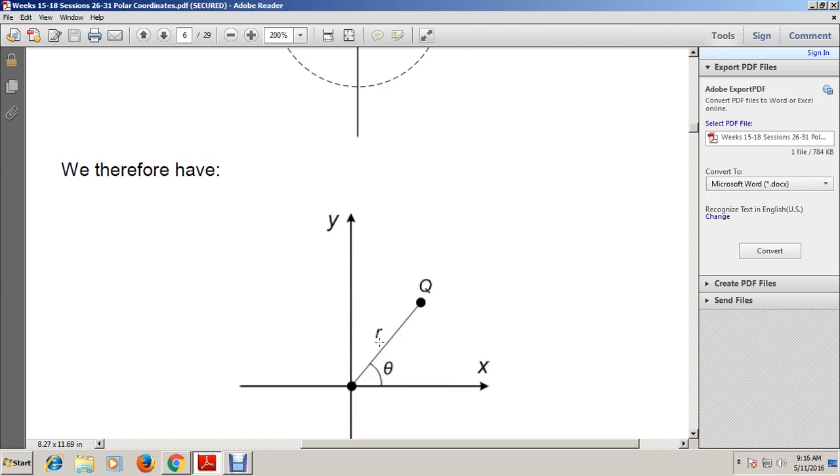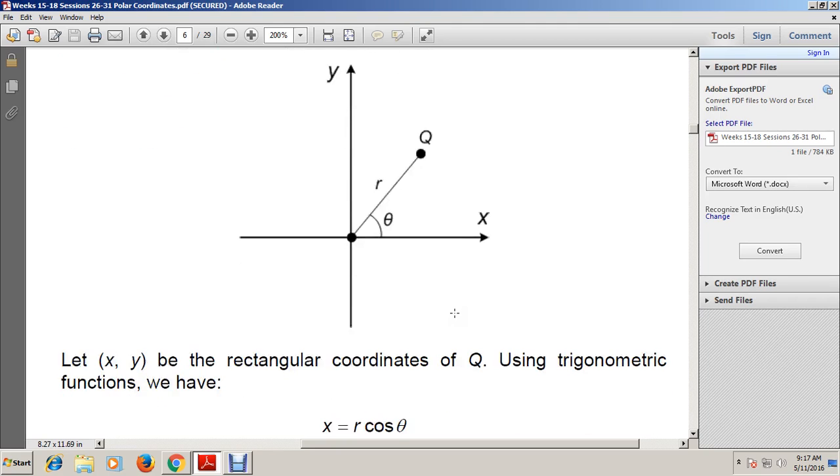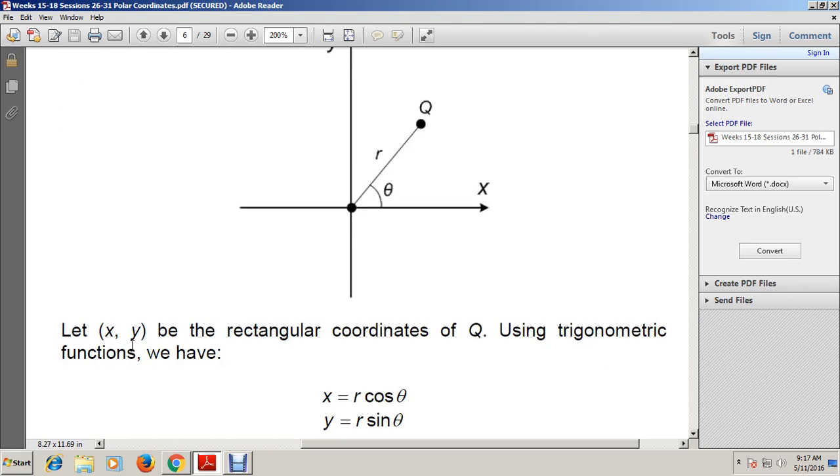From our origin to the location of point Q, the distance is represented by r, and the angle made by our ray OQ with our polar axis is theta, and that point corresponds to the rectangular coordinates projection in x and in y. Let x and y be the rectangular coordinates of Q.